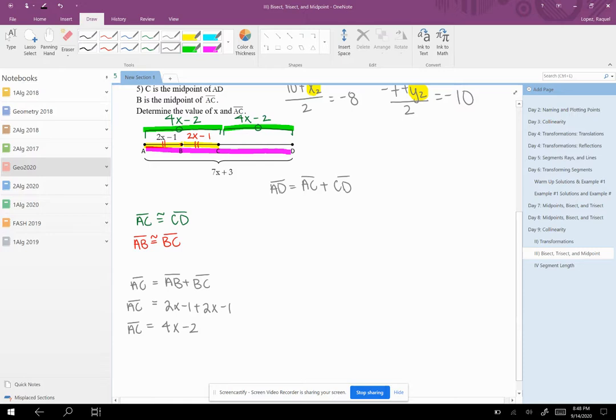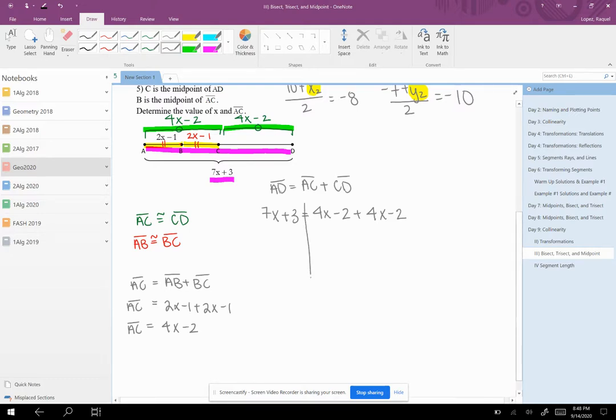They gave me an expression for AD. They told me AD was 7x plus 3. So I'm going to replace that in the equation I just wrote. I know that AC has the expression 4x minus 2, and so does CD. And now I've got an equation that I can solve.